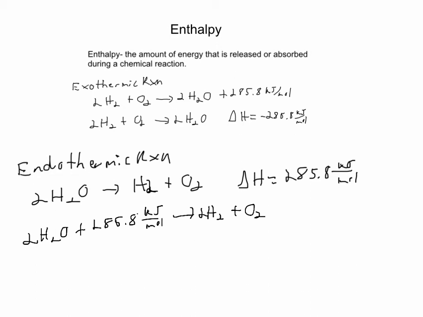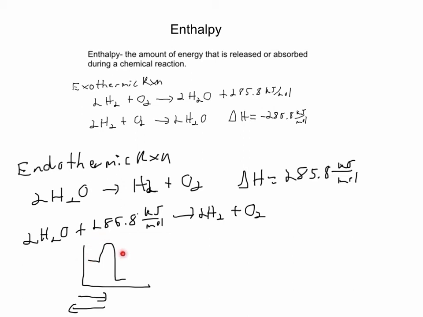It shouldn't be too surprising that these numbers are just opposite in sign if we look at the energy diagrams. If we look at our exothermic graph, you'll notice that the forward reaction is exothermic, but if instead we start on this side and move to the left, that would be endothermic.